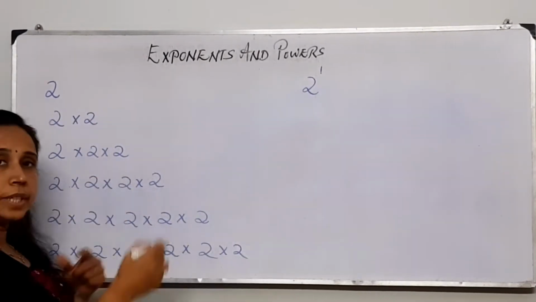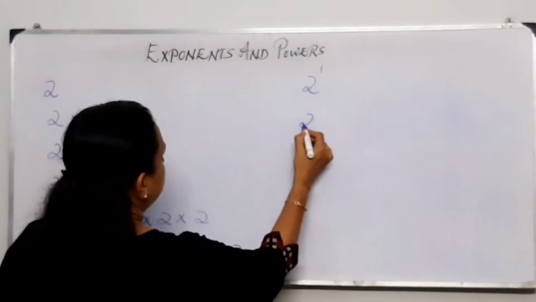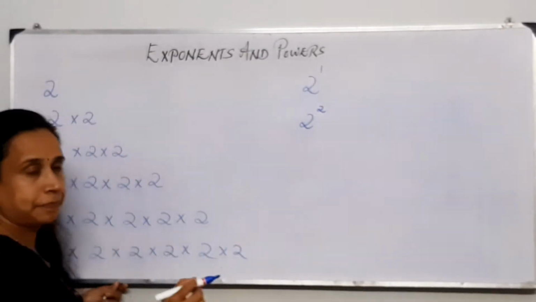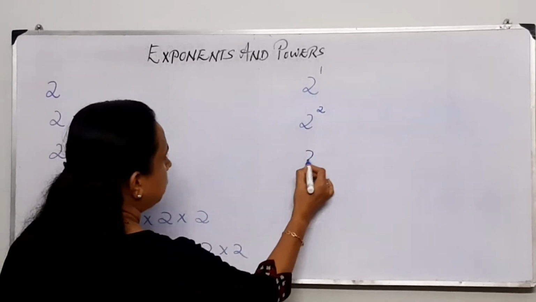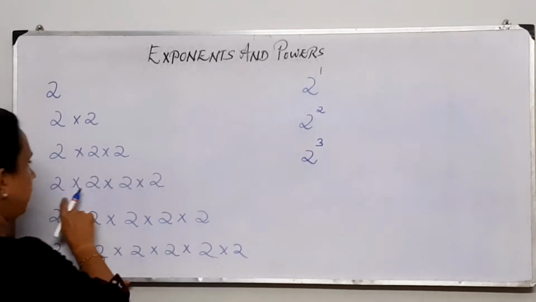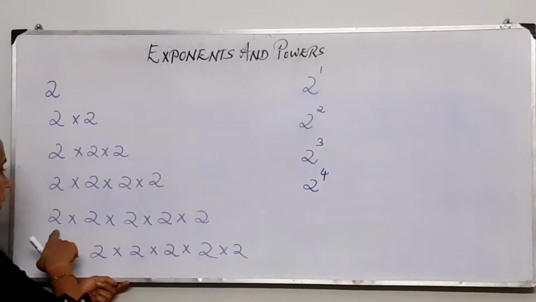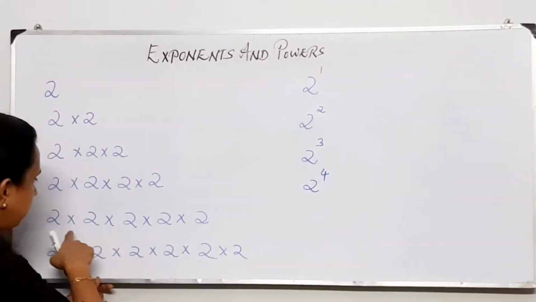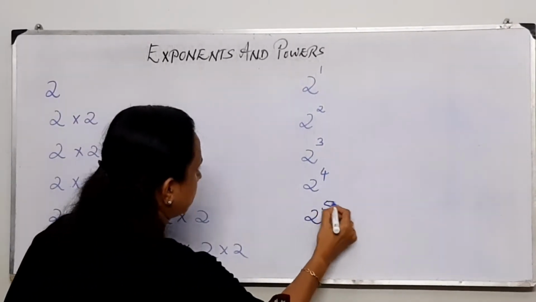Next one, 2 is multiplied 2 times by itself, that is, we can write in this manner. Then next one, 2 is multiplied 3 times, so this way. Now next one we can write in this manner. Then 2 is multiplied by itself how many times? 5 times, so this way.